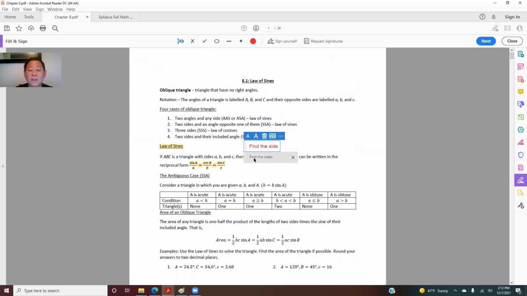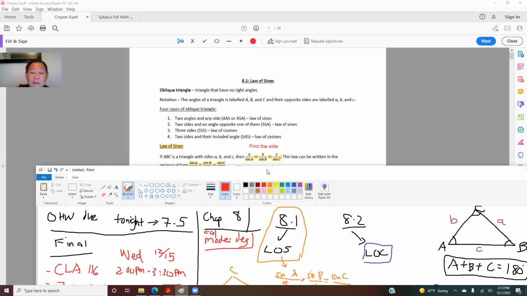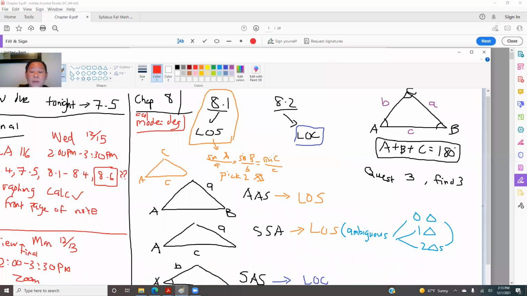So if a question is asking you to find the side A or the side B or the side C, then I recommend you use this. For the other one, it's best if the question is asking you to find the angles. Because it's been switched around, that's how you do the angles here. So it depends on the question, and you can flip-flop this.